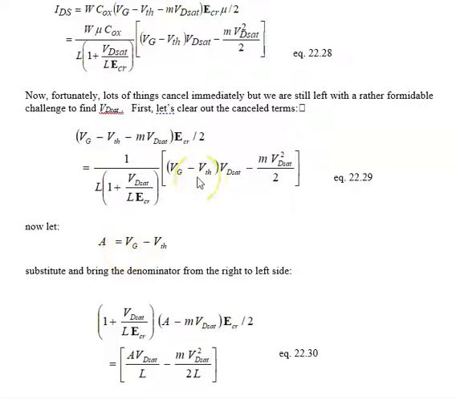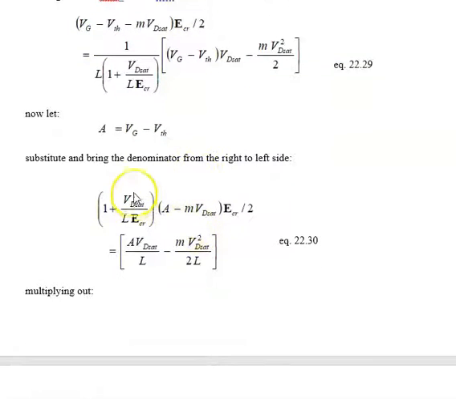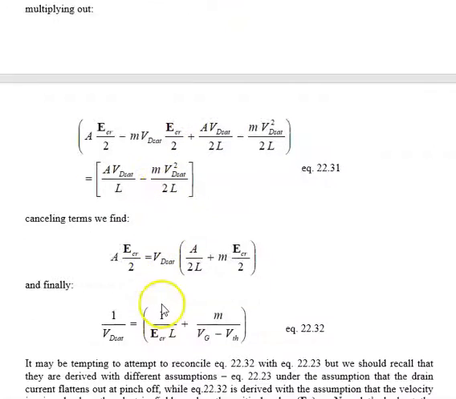Then we again define a constant, just to make our life a little bit easier here and here. So we substitute this thing called A in there, one on the left side over here, and one on the right side over here. And now we multiply everything out.